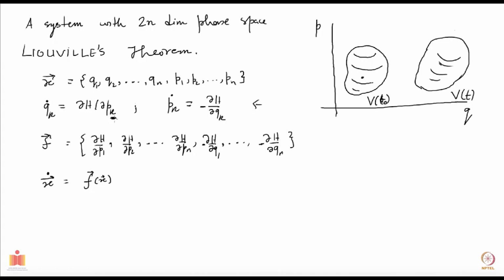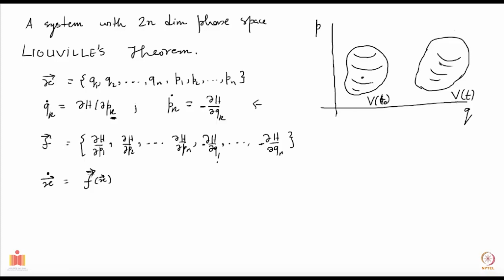And let's look at this one. This is, let's say, x of n plus 1. x of n plus 1 would be p1. And p1 dot should be f of n plus 1, which is minus delta h over delta q1, which is correct. Okay, so all I have done is write down Hamilton's equation in this form. Beyond that I have not done anything. There is no content in here, it's just notation.